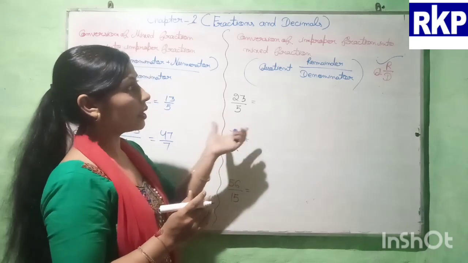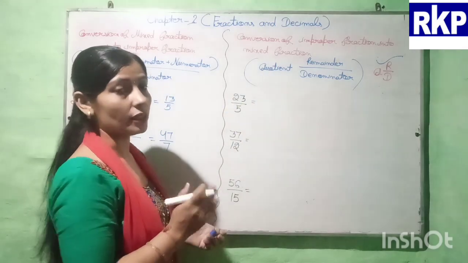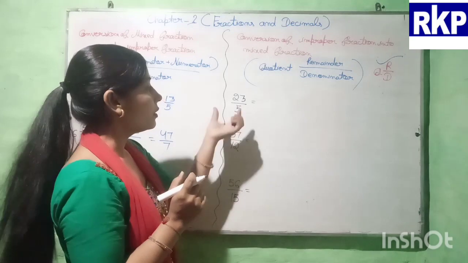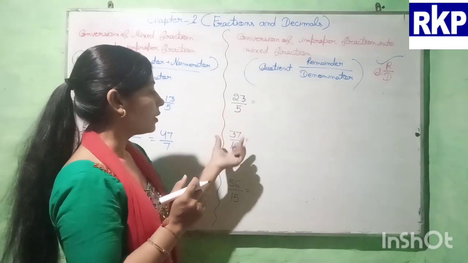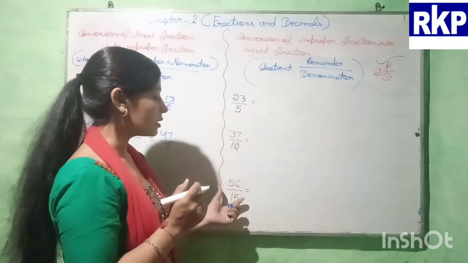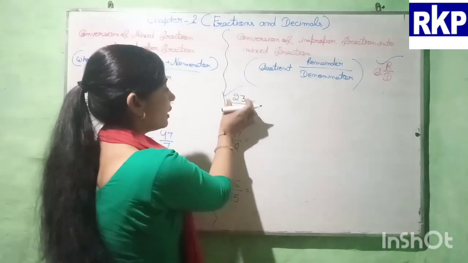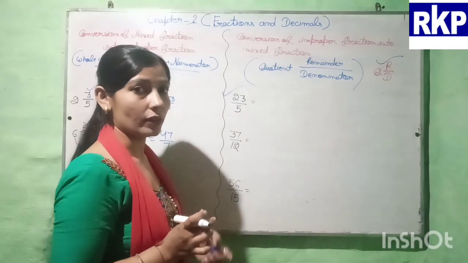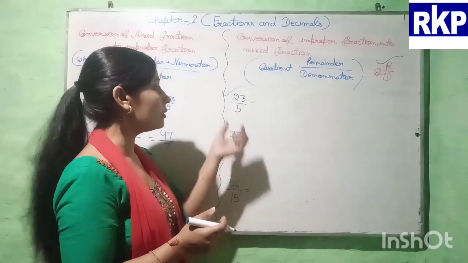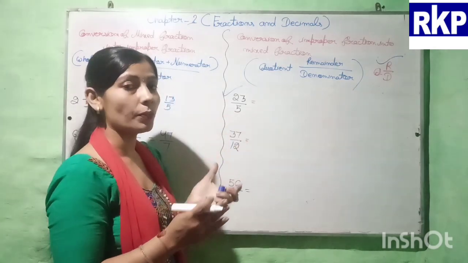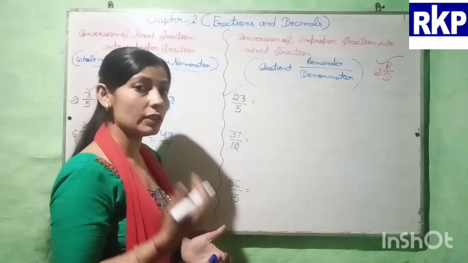Let us see how we can convert an improper fraction into a mixed fraction. Here we have 23/5, 37/12, 56/15. So now let us see first, beta, 23/5. We want to convert this improper fraction into a mixed fraction. So what we will do?